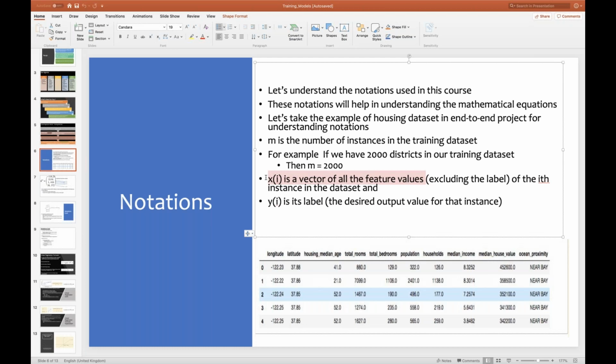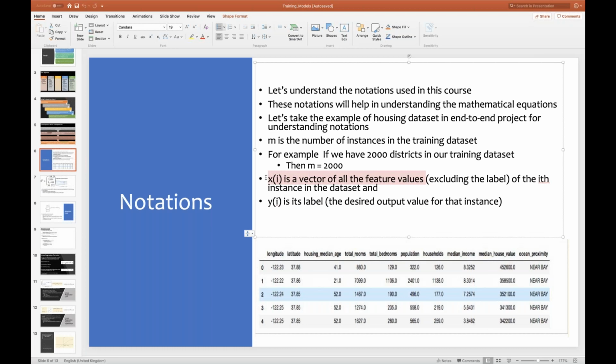Okay. Now, what I'm saying is x of i is a vector of all feature values. When I say all feature values, for example, when I'm talking about the district dataset, or districts instances among many other instances, and if I know the expected value, then that is called x.